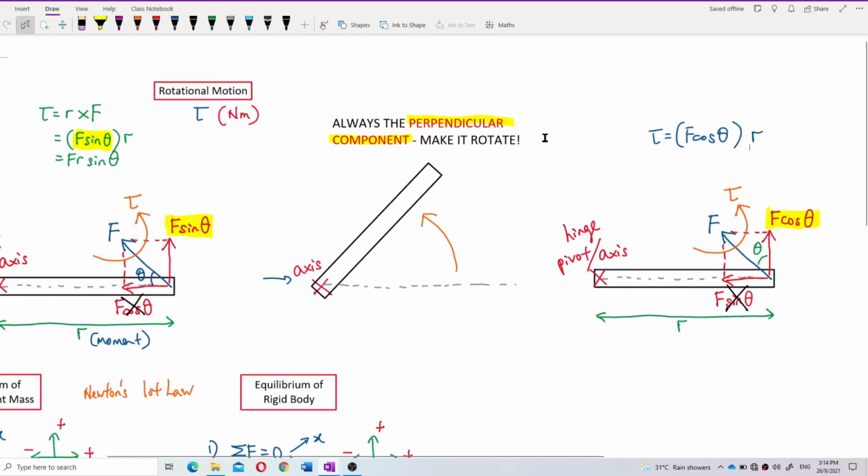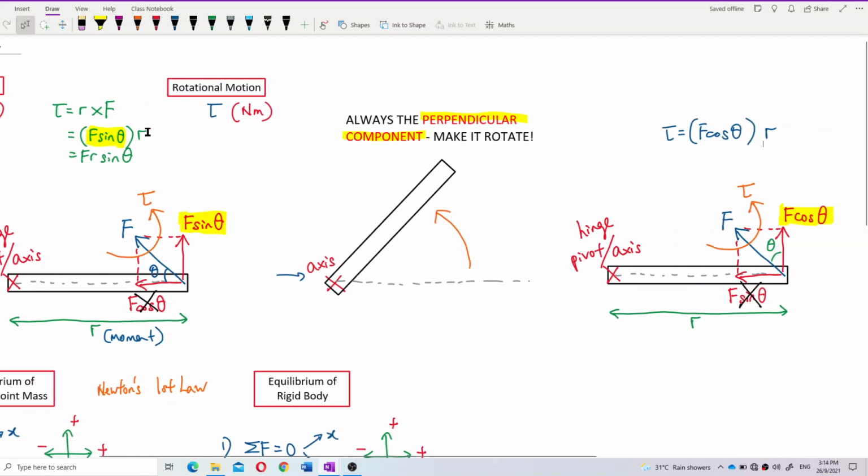For this one, it becomes FR cos theta. Understand or not? So it's not always F sine theta; sometimes it is F cos theta, depending on where the angle is. If the angle is between F and R, then we use F sine theta. If the theta is not in between F and R, then we use F cos theta. Anyhow, you just look out for the perpendicular component.